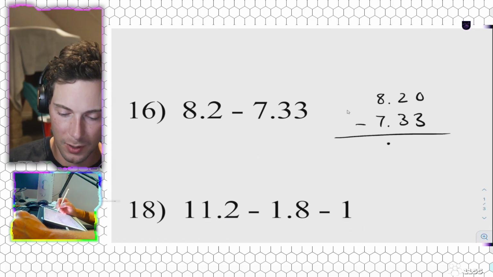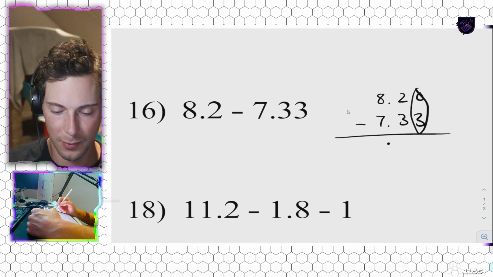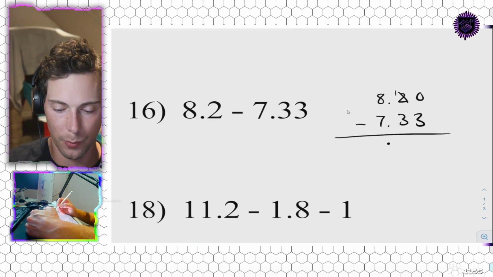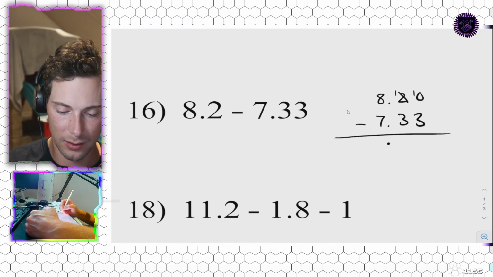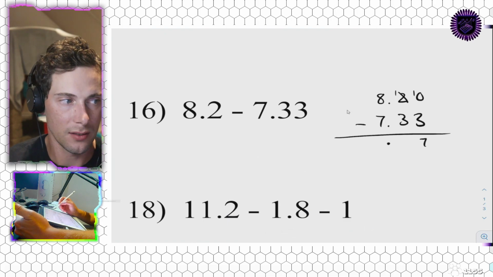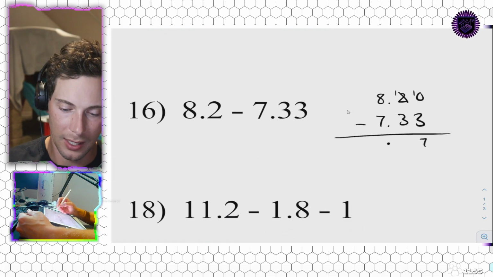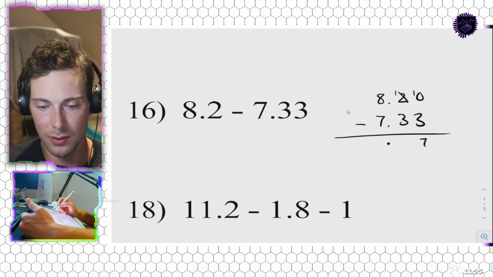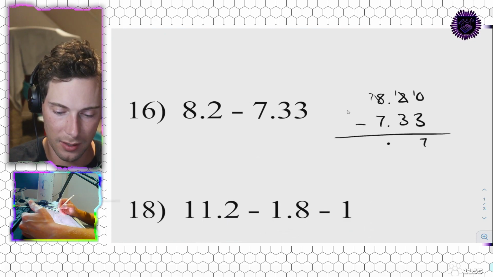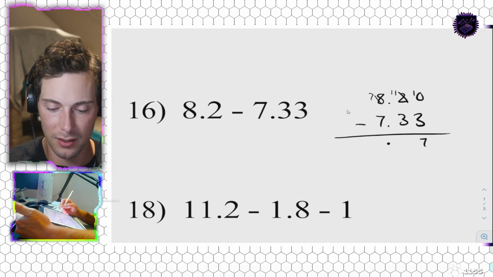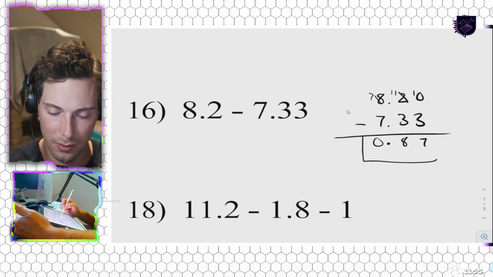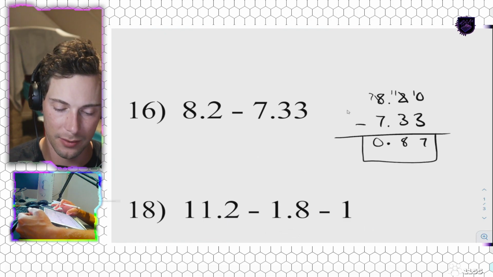So let's go 0 from, or 3 from 0. Can't do it. That's going to become a 1. That's going to become a 10. That's going to be 7. Because 3 from 10 is going to be 7. And 1 from 3, can't do it. Or 1 take away 3, can't do it. So we'll have to borrow here, and that's going to become 7, and that's going to become 11. 11 minus 3, it's going to be 8. 7 minus 7 is going to be 0. 0.87 is going to be our answer.